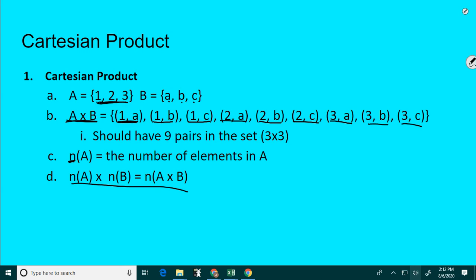The number of elements in B is also 3. 3 times 3 equals 9. So we can easily tell how many are going to be in there by just multiplying how many are in each set.